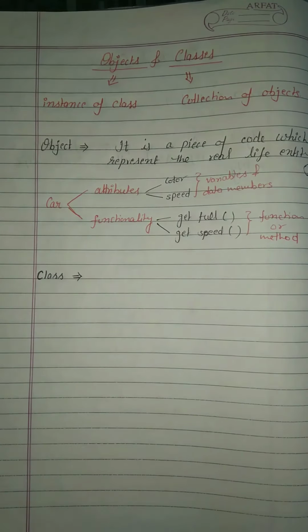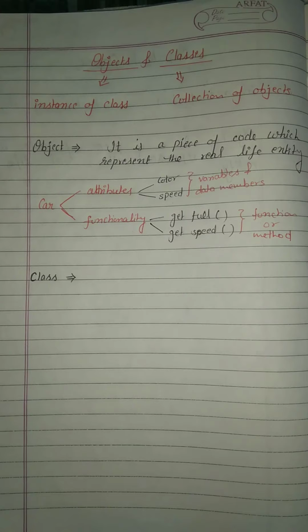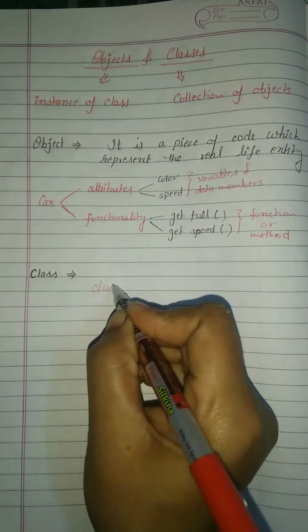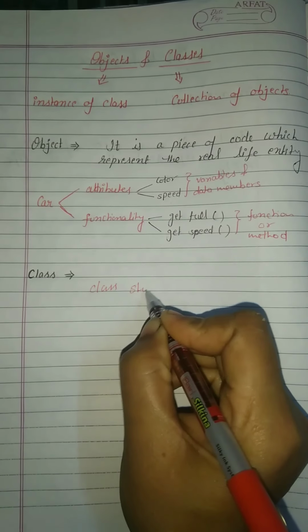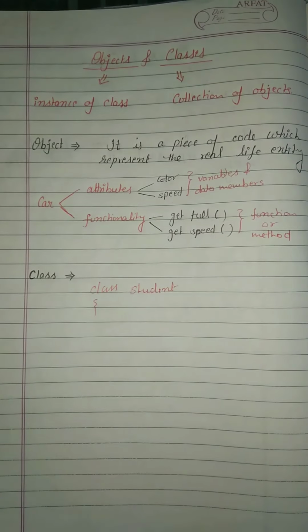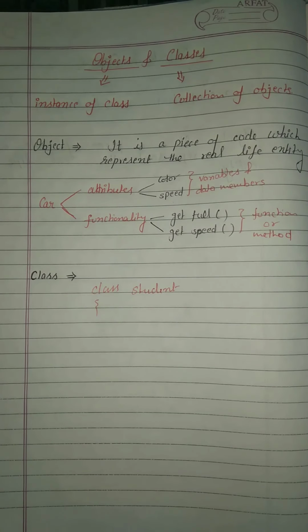Next we see what a class is. A class is nothing but a collection of objects. Suppose we write here class student. It is a collection of objects.